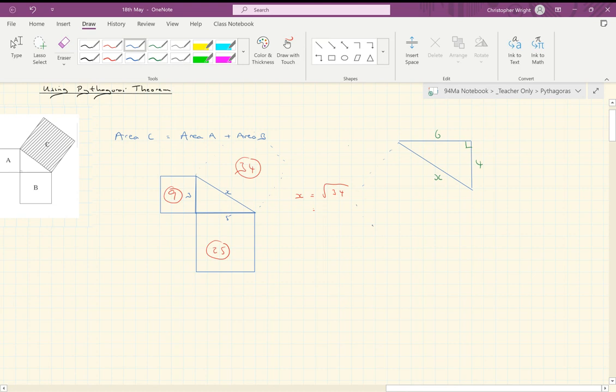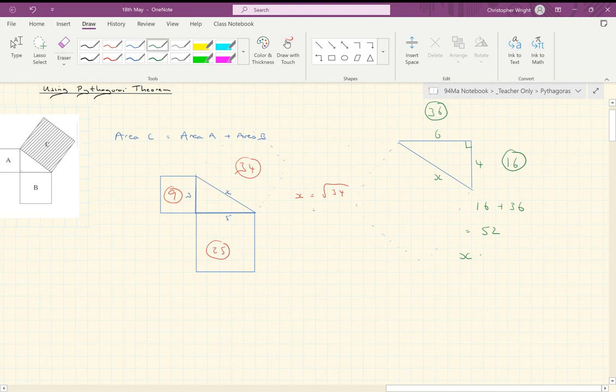And I know that I can work out this area by just working out the area of the square, which would be here. That would be 4 times 4, so that would have an area of 16. The square here would be 6 times 6, it would have an area of 36. So the area of the square on the hypotenuse must be 16 plus 36, which is 52.